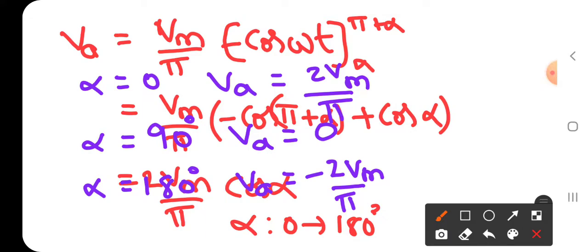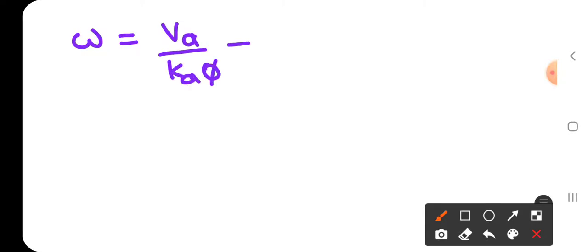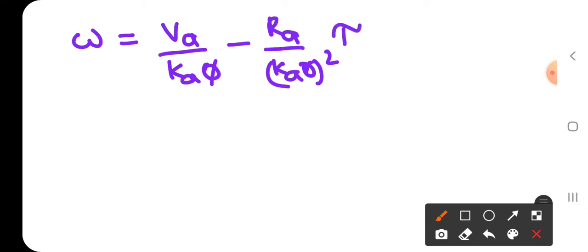Yes, now I am going to the motor equation, that is the speed equation, where omega is equal to Va by Ka phi minus Ra by (Ka phi) whole square into torque tau.